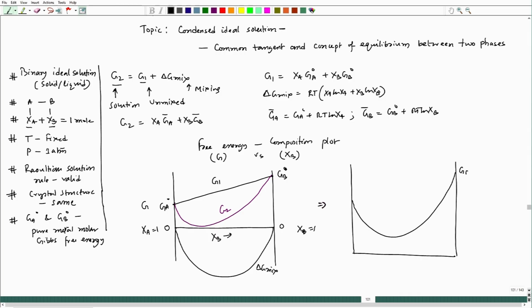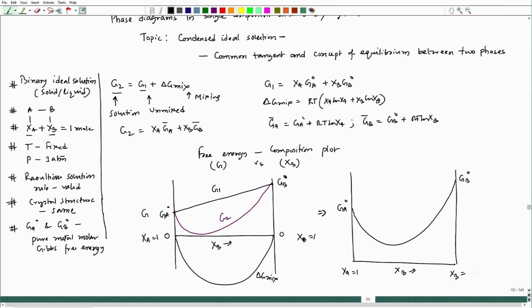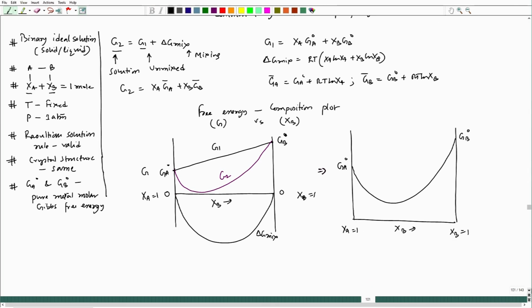This is GB naught, this is GA naught, this is XA equal to 1, XB equal to 1. So that means this is my G2 for the solution.